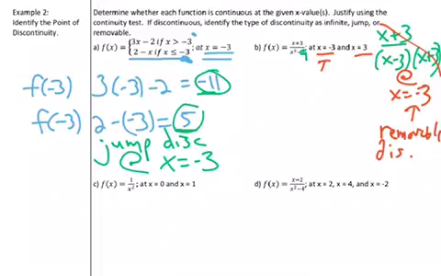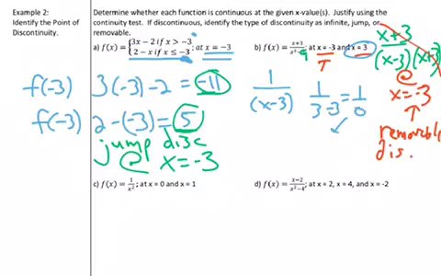Well, that's one of the numbers we were supposed to test. And if I plugged it in, I'd get undefined. But when I get undefined, I have to ask myself, is it because it was a hole or is it because it was a vertical asymptote? Then when I test x equals 3, plug in x equals 3 into the remaining function, 1 over x minus 3. 1 over 3 minus 3 is 1 over 0, which is undefined because there's a vertical asymptote at x equals 3.